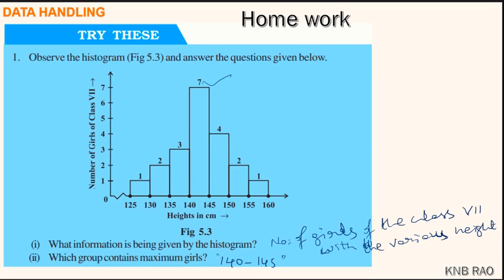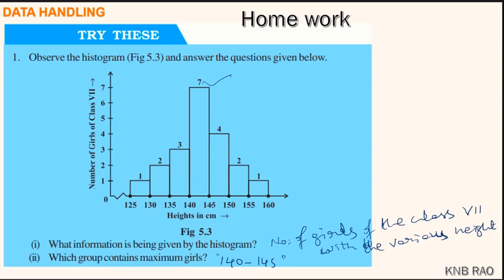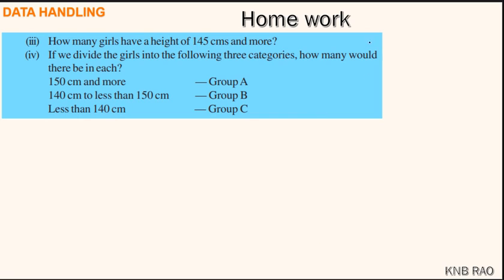Coming to the third question, how many girls have a height of 145 centimeters and more? Here 145 and more comes this group, that means 4 plus 2 plus 1, it is 7 girls who have more than 145 centimeters.